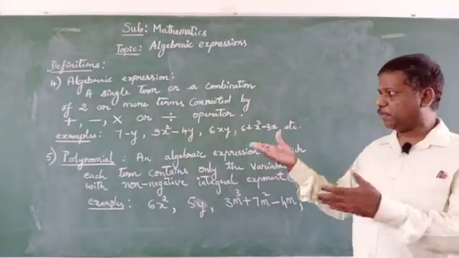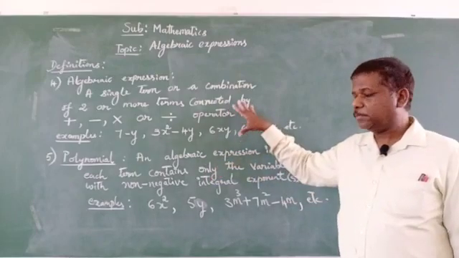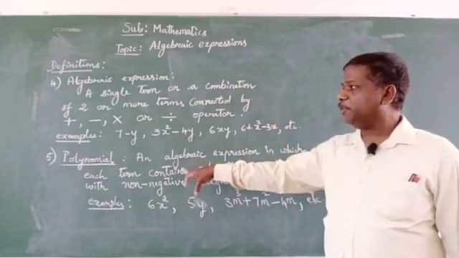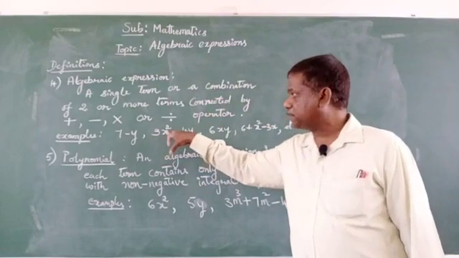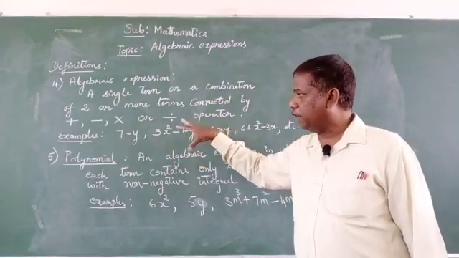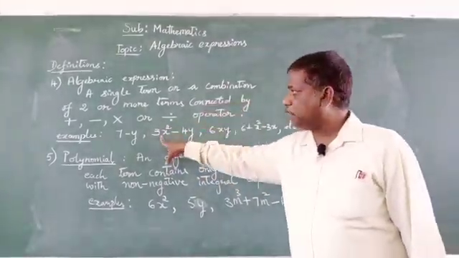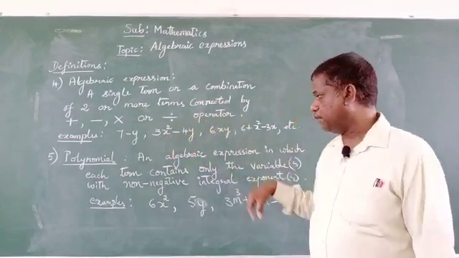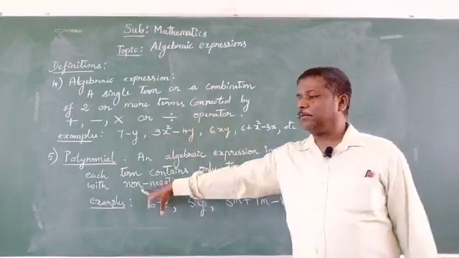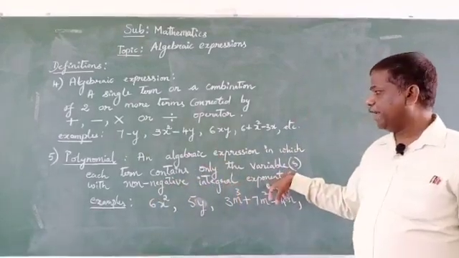What is the meaning of all this? An algebraic expression is understood? Okay, fine. In which each term, for example, a term like this, 3x square minus 4y, this is an algebraic expression, in which each term, 3x square, 4y, has a non-negative, meaning a positive exponent.